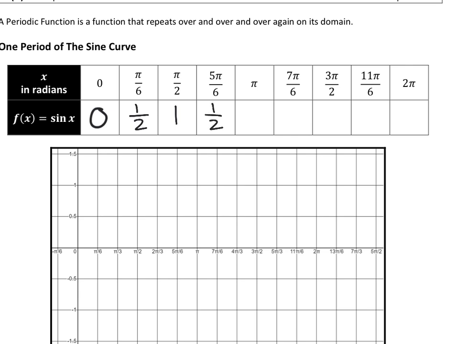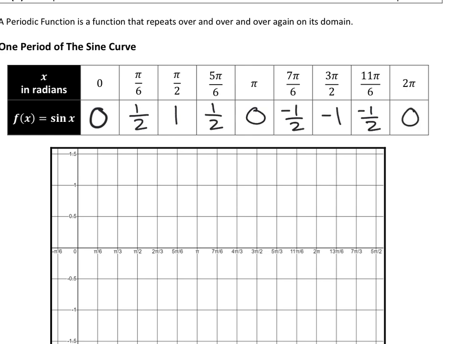Go to pi. 0. Go to 7 pi over 6. Negative 1/2. 3 pi over 2. And 11 pi over 6. And then 2 pi. 0. Do you see a pattern here?